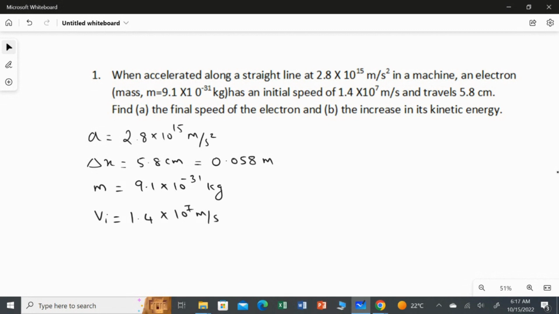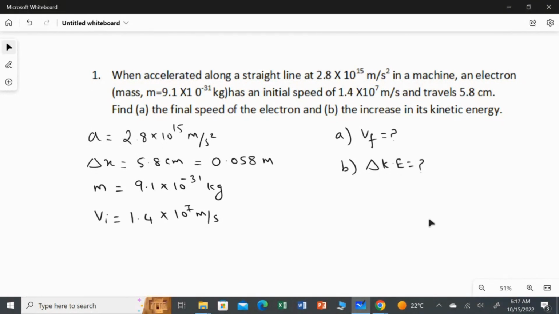Now we have to read what we are going to find. So this question has two subdivisions. In the first part, we are going to find the final speed. If the electron is accelerated with the initial speed, it must have a final speed. And second, we are going to find the increase in its kinetic energy. That means we are going to find the change in kinetic energy. We know the formula for change in kinetic energy, which is final kinetic energy minus initial kinetic energy.